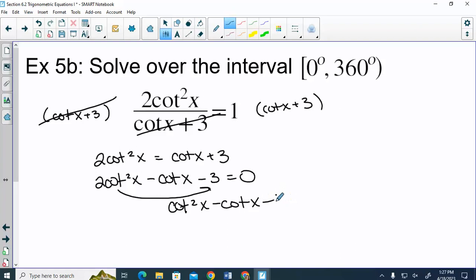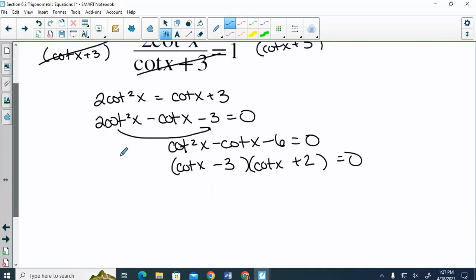All right, so we need two things. Multiply to -6 and add to -1. Okay. We started by multiplying by 2, so now we divide by 2.